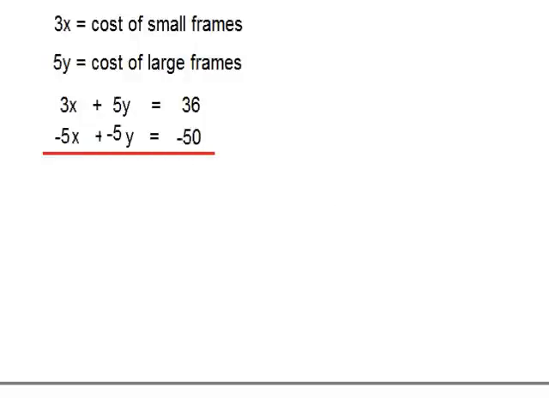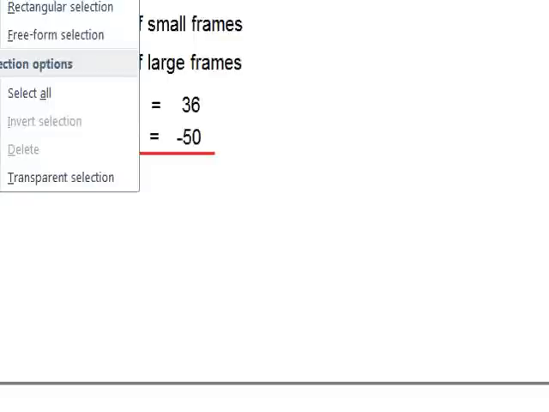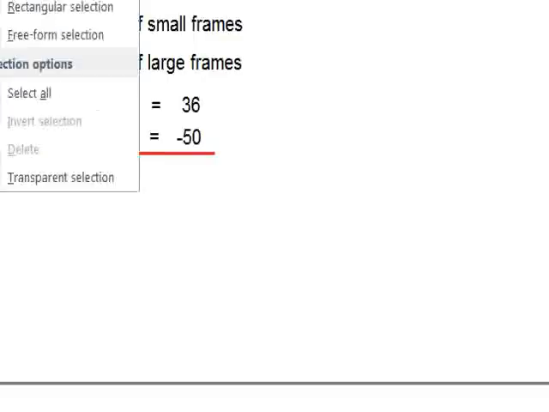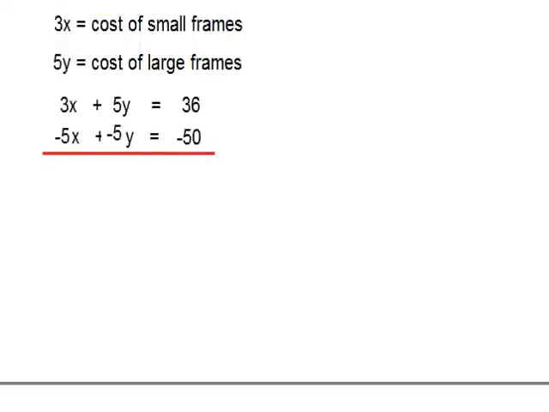So when I write this all out, it's going to be something like -2x plus 0y's, because 5y minus 5y is 0y, and then 36 minus 50, that's -14.